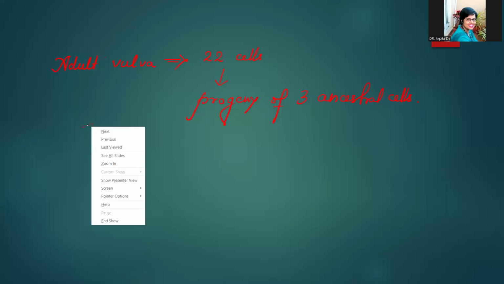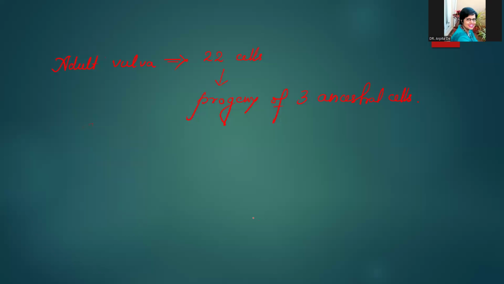These are progeny of 3 ancestral cells. These 3 ancestral cells are originally located in a row on the undersurface of the developing worm.